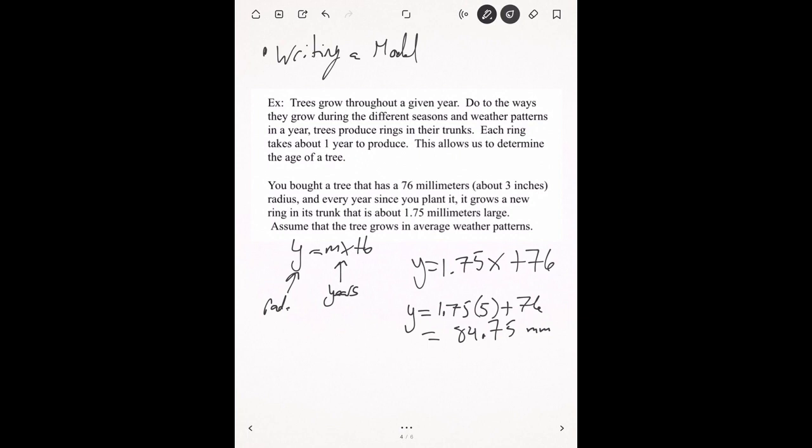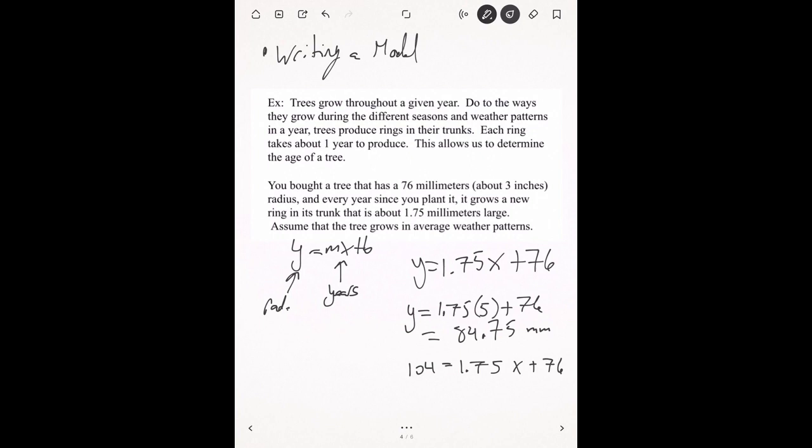Now, let's try to figure out if I know what the radius is, could I tell how many years it's been? So let me say that the radius of a tree trunk is 104 millimeters. I want to figure out how long I would have had that tree, or how long it would take that tree to get to this radius. So I just have to solve for x.